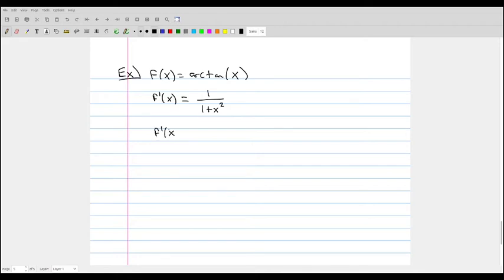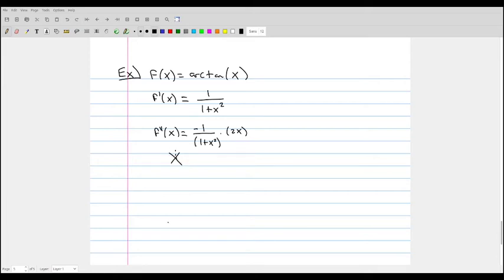The second derivative of the arctangent function, or the derivative of this expression, is going to be negative 1 over 1 plus x squared, times 2x.